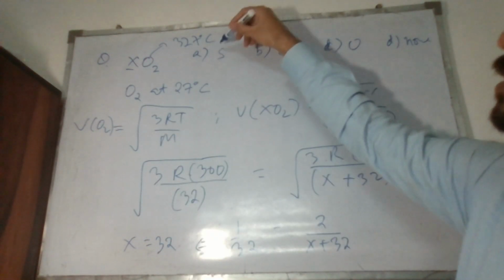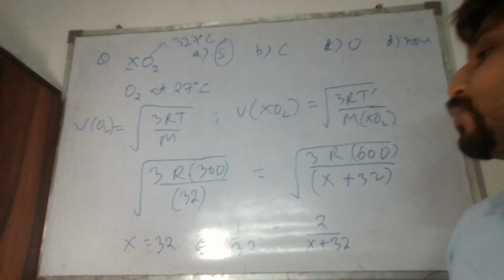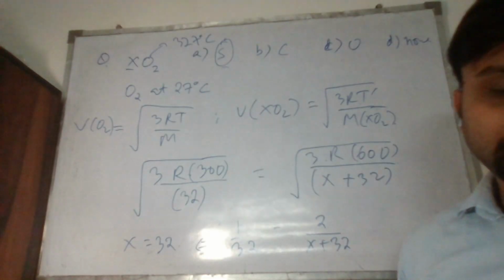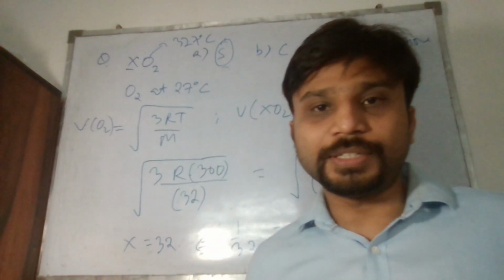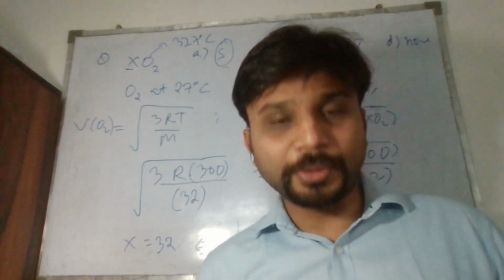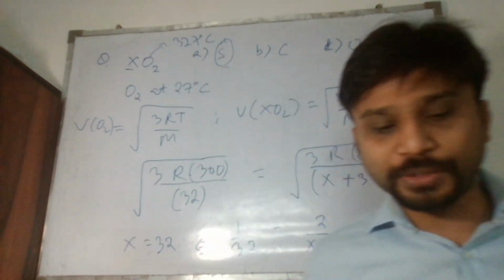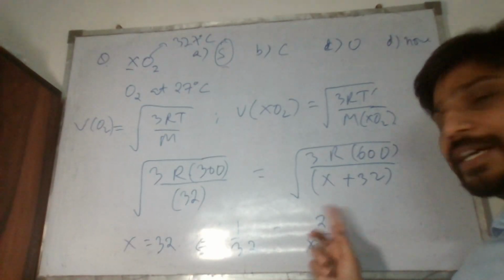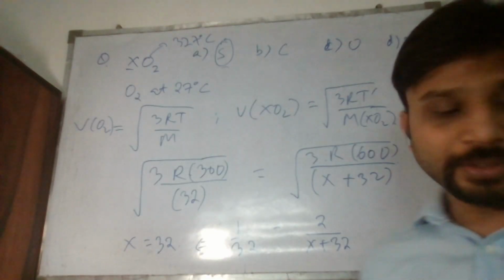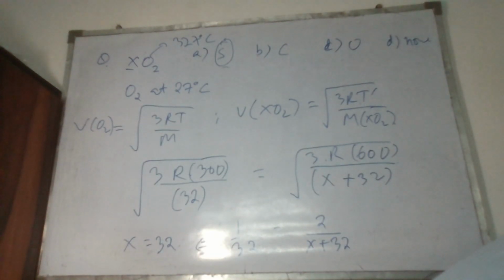So that means our atom which we are looking for would be sulfur. Sulfur has the atomic mass of 32. Oxygen has an atomic mass of 16. So sulfur has twice of that. So here you can see that two factors also come into play. So this is one of the JEE Mains questions.